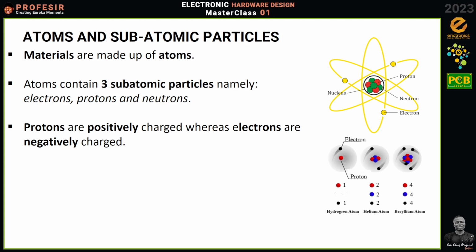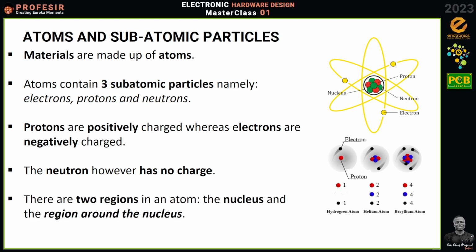This positive and negative is just a convention to distinguish between the behavior of the two charges. So we assign positive to the proton and negative to the electron. For the neutron, the name even describes it: it doesn't have any charge. So take note: proton positively charged, neutron no charge, electrons negatively charged.